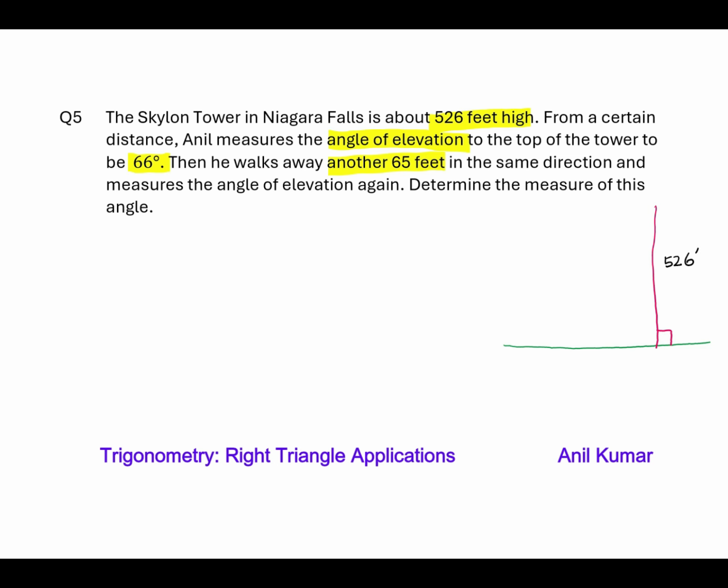So measuring the angle of elevation from a particular position, let that position be A for Anil. We don't really know the distance from the foot of the tower. So let's say the tower is ST. But we know the angle of elevation, which is 66 degrees.